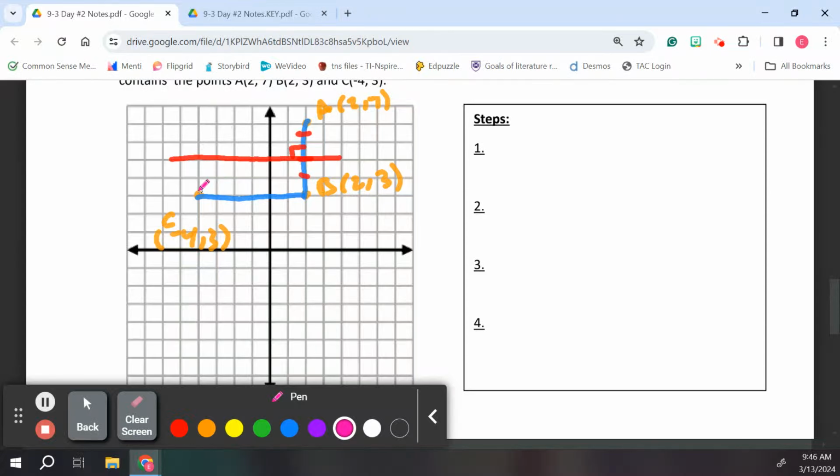Now for the other one, I'm going to count the distance. 1, 2, 3, 4, 5, 6. So 1, 2, 3. Here again is my midpoint. This is congruent with that. And I'm just going to draw my perpendicular bisector there. So there's my other midpoint.